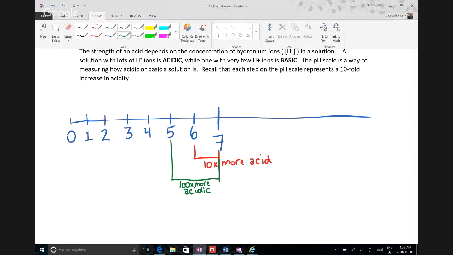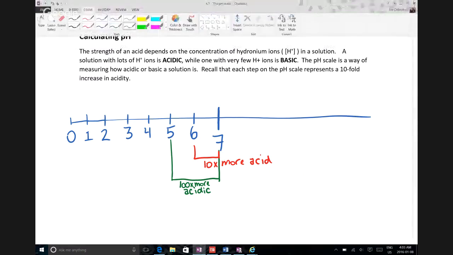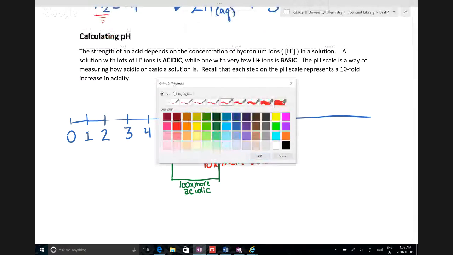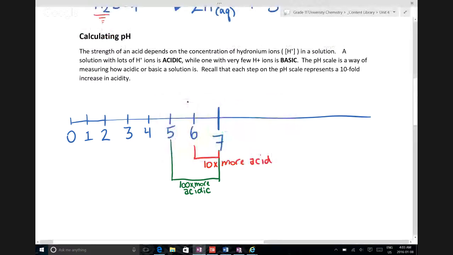And so if we were to go 3 steps, we could maybe see that from 7 to 4 would be 1,000 times more acidic.